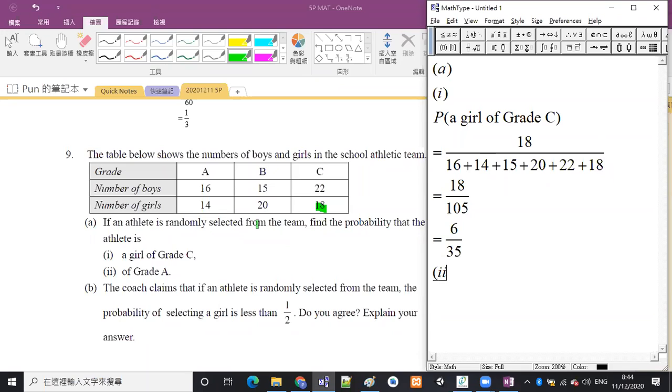And then for part 2, I would like to find the probability that the athlete is of grade A. I know that the probability is a fraction, and the denominator is independent of what we are finding. It is irrelevant of what we are finding.